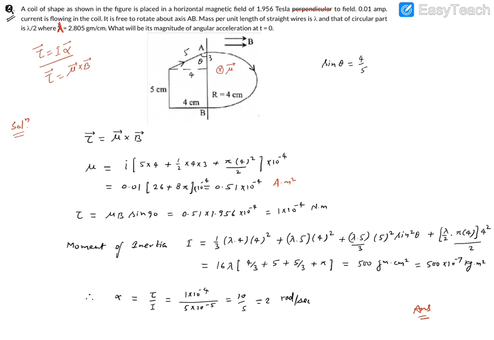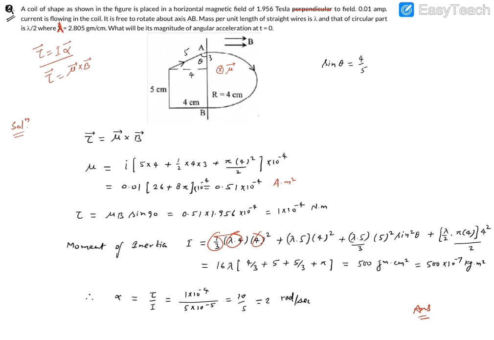So moment of inertia about this axis of this structure is also challenging a bit. It will consist of this rod or wire, this rod or wire, this wire, and this wire. We need to find the moment of inertia of each about the same axis and then add them up. Now if we look at this wire, this is going to be a kind of rod, and moment of inertia about its end point perpendicular to the rod, we know the formula is 1 by 3 m l square.